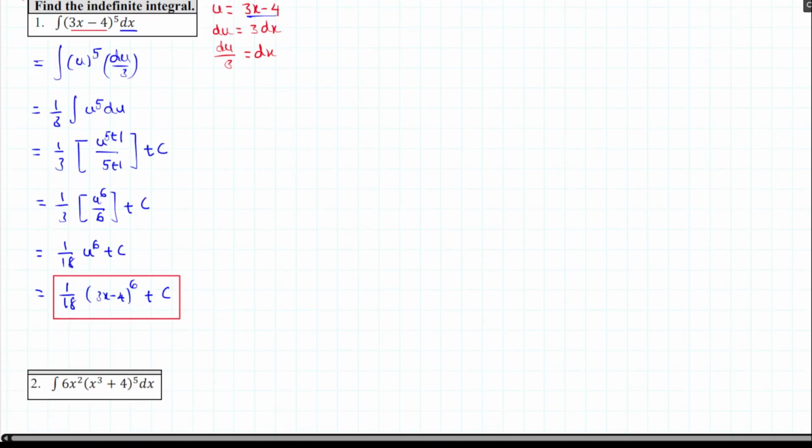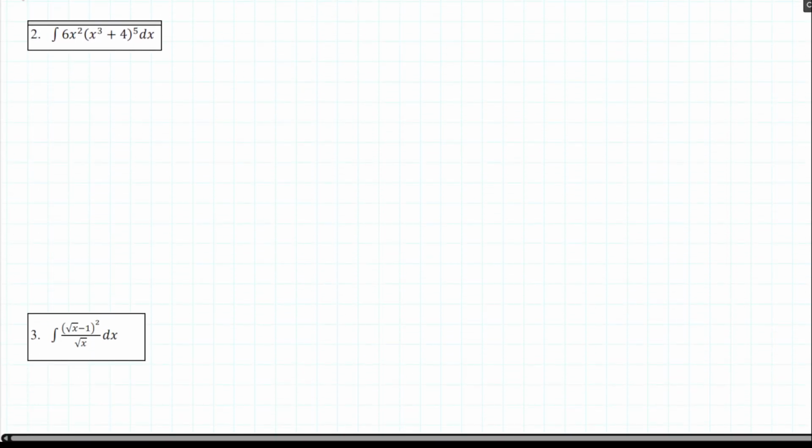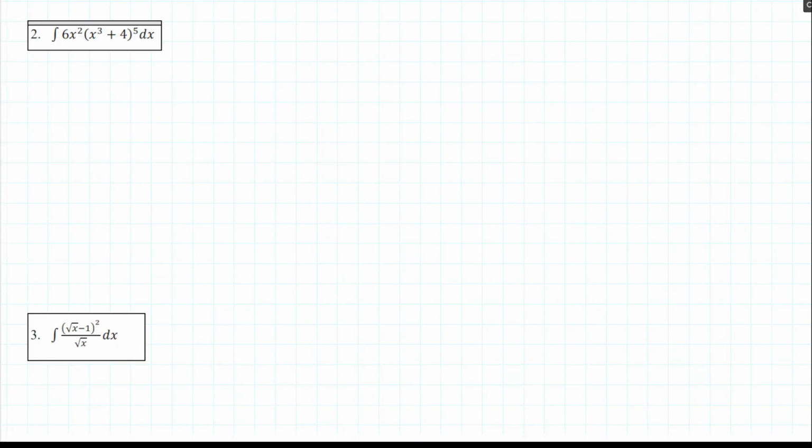Now let's move to the next problem. We have the integral of 6x squared times (x cubed plus 4) to the power 5 dx. You can see the derivative of x cubed plus 4 is available right here.